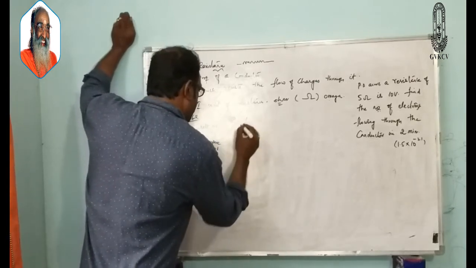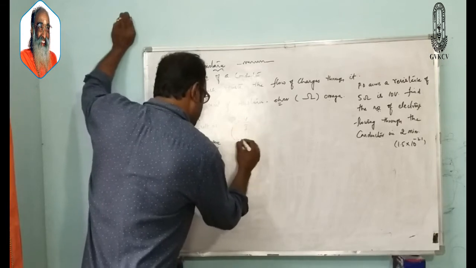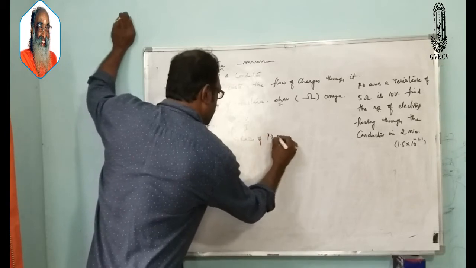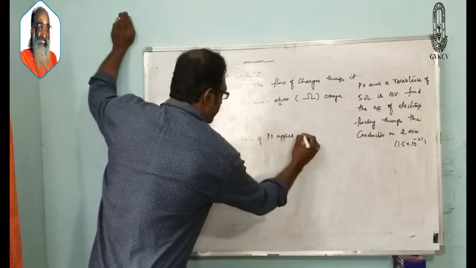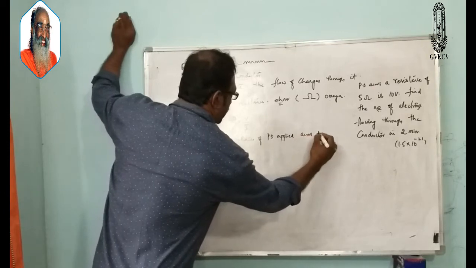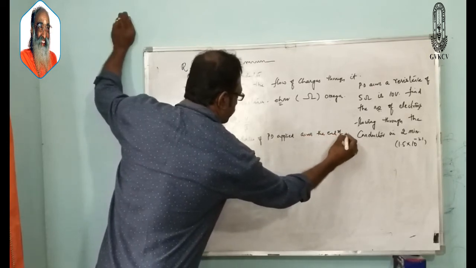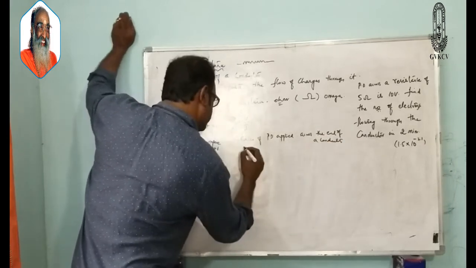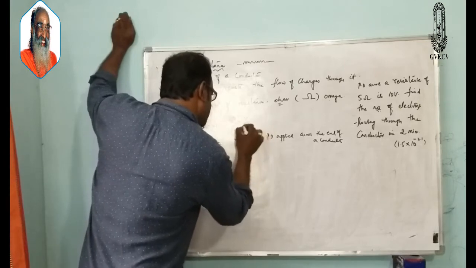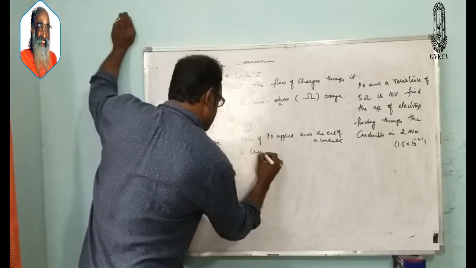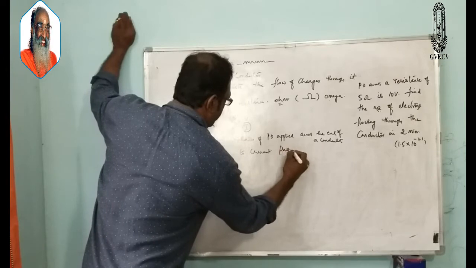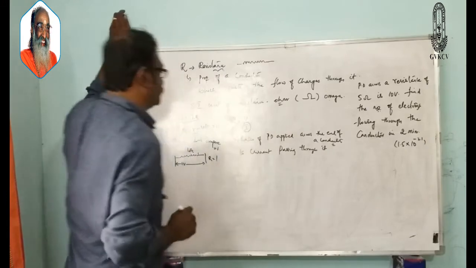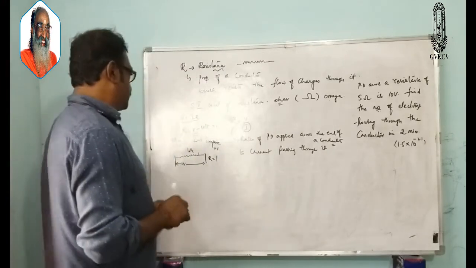It is a ratio of V and I. So resistance is the ratio of potential difference applied across the ends of a conductor to the current I passing through it. Through it means in that particular conductor. So like this also we can define the resistance.